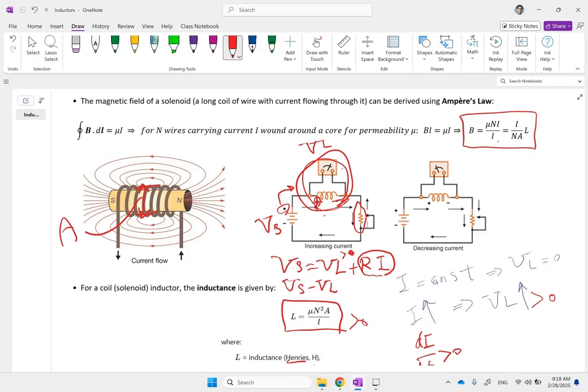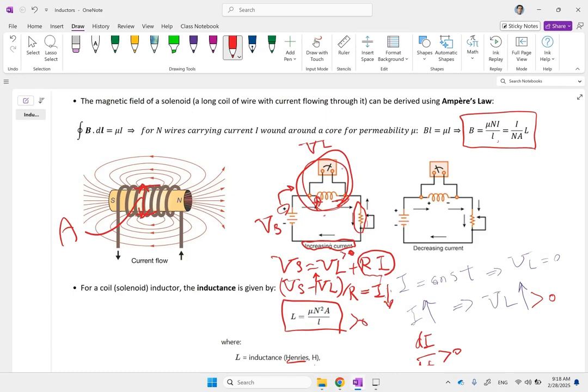So your effective voltage across the resistor is dropping by VL. So when you divide it by R and calculate I, you see what's going to happen. Because this VL is positive and going up, especially the faster the I is changing, it causes the current to go down. So current was initially going up because I changed the resistor, but now this inductor's voltage is causing it to go down. It is opposing that increase.